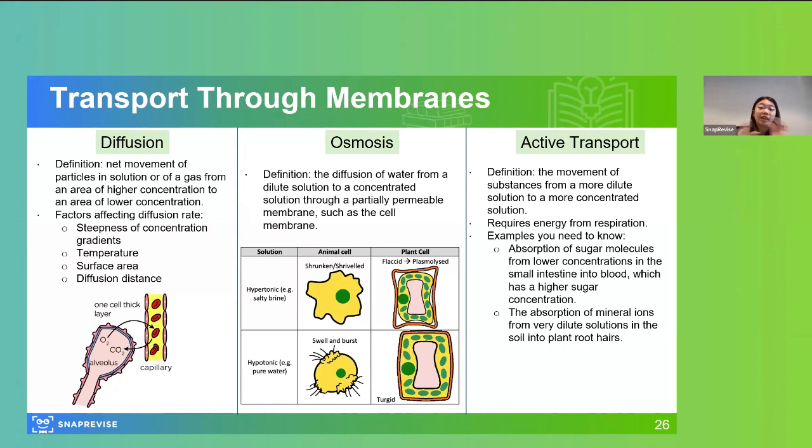Think of it like a very thin towel. If you have a very thin towel and you pour water over it, more water is going to come through if it's thinner. If it's very thick, there's not going to be as much water going through. So that's how you would think about diffusion distance. The shorter the diffusion distance, the higher the diffusion rate.